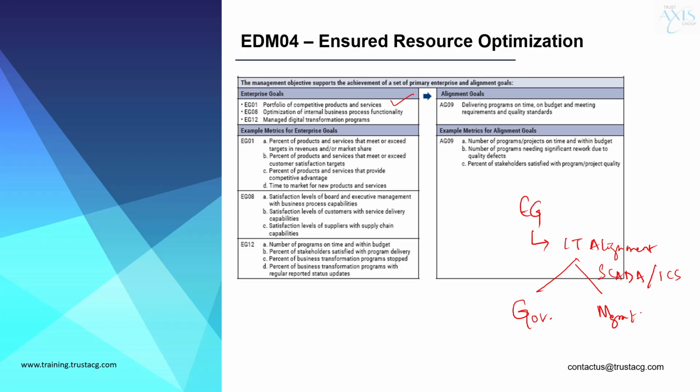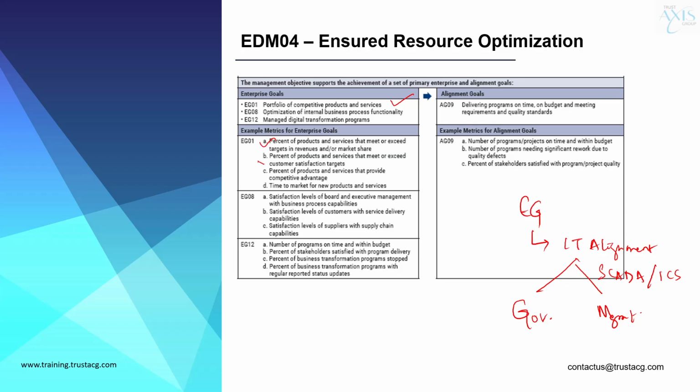How do you evaluate whether you are able to achieve these goals through this governance objective? You can have multiple metrics for evaluating whether you are on the way to achieving this enterprise goal. You can measure the percentage of products and services that are meeting or exceeding the targets in revenue and market share, which will indicate how effectively your resources are driving business outcomes.